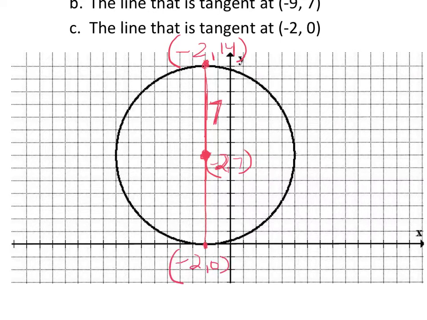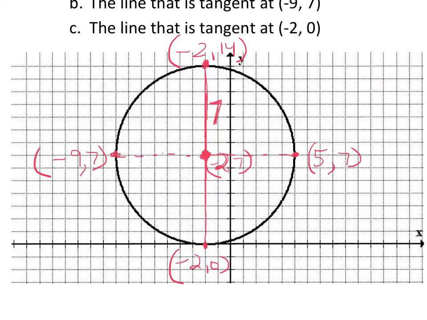We want to label the point to the left, which is going to be (-9, 7), and the one to the right, (5, 7). So you can imagine that we still have the radius that's equal to 7 here, 7 here, 7 here.